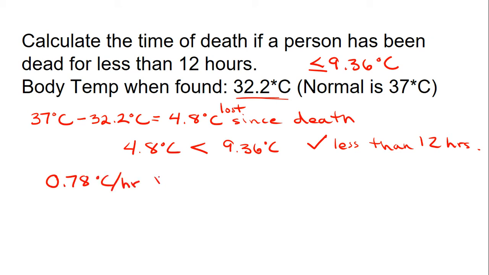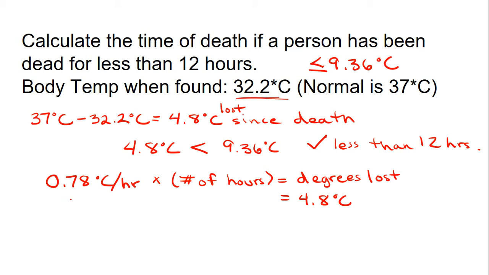If we multiply that by some number of hours since death, we would get the degrees lost. So we know the degrees lost was 4.8 degrees Celsius, and we know the rate was 0.78 degrees Celsius per hour, but what we don't know is the number of hours.